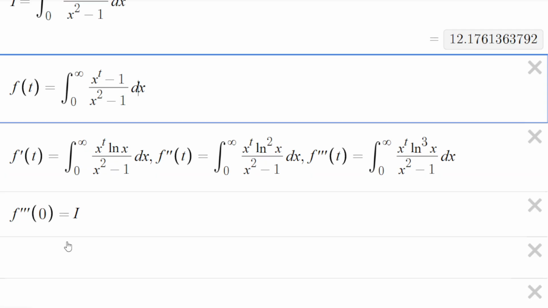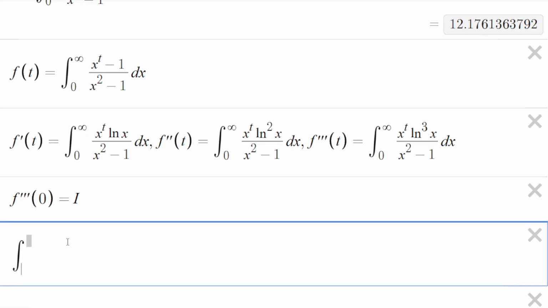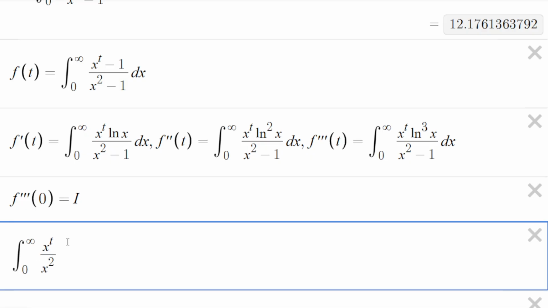So let's ignore this minus 1. We want to find a closed form expression for some integral from 0 to infinity of x to the t over x squared plus a squared. Okay.